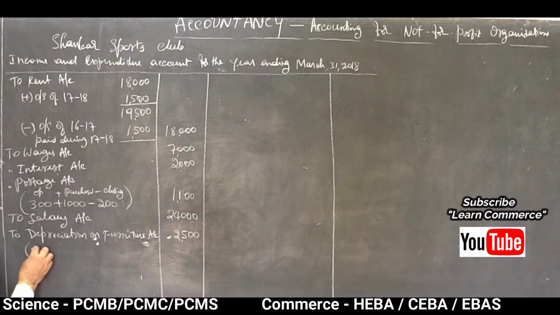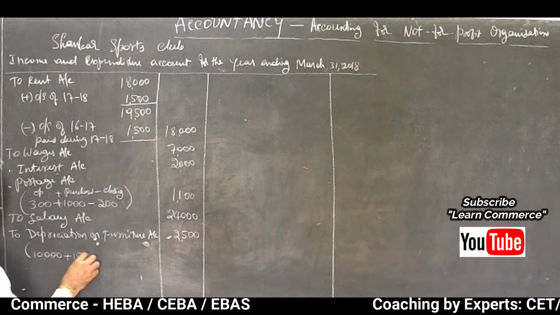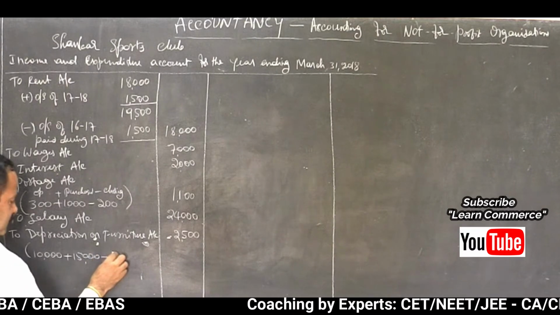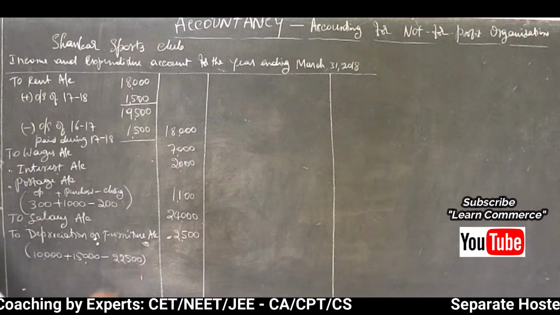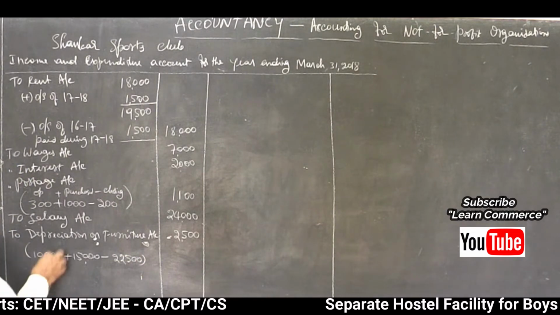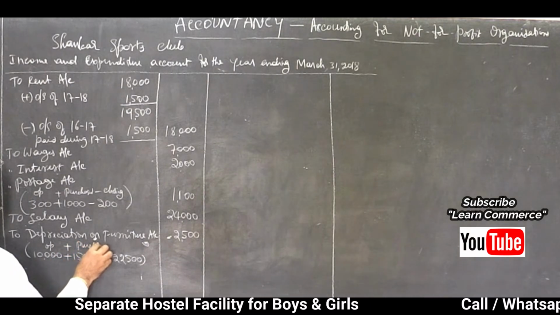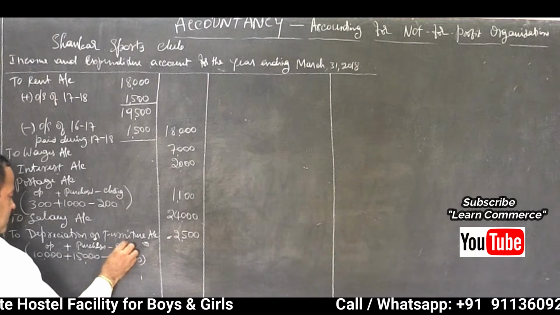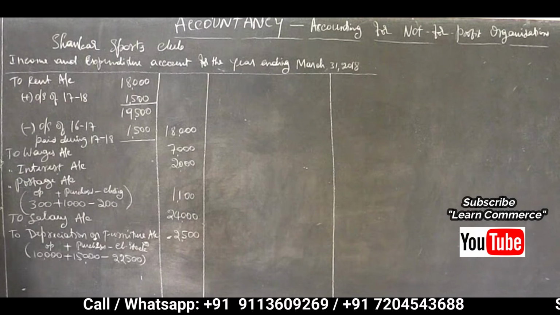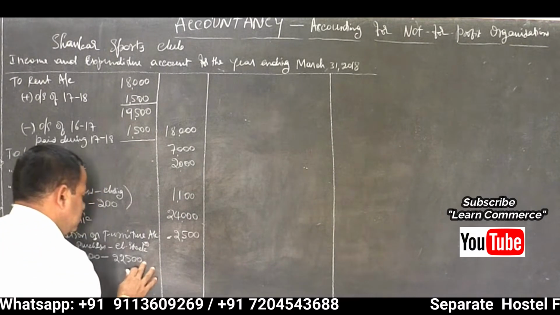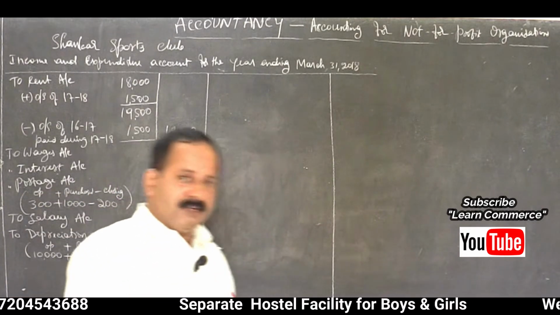Opening stock 10,000, add purchases, minus closing stock. That is depreciation. Opening, add purchases, minus closing stock. Very simple. Like this. That's all. No other expenses.